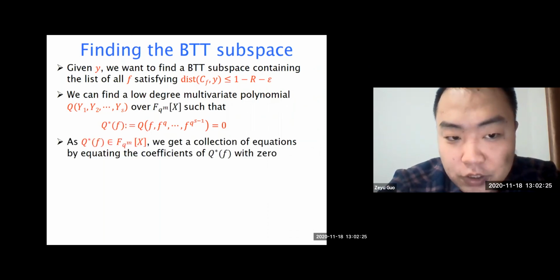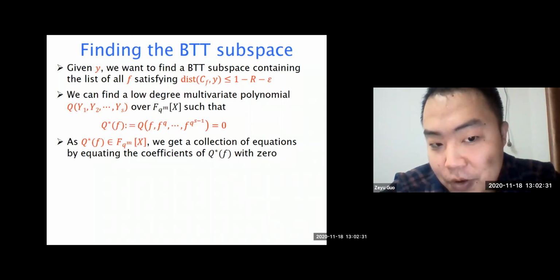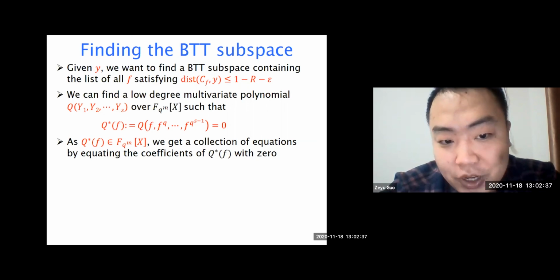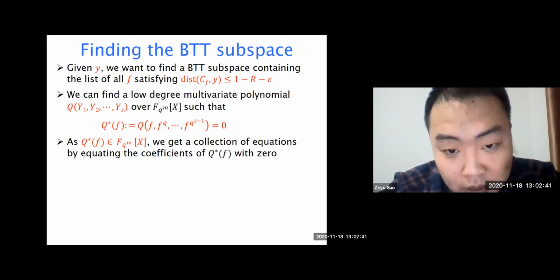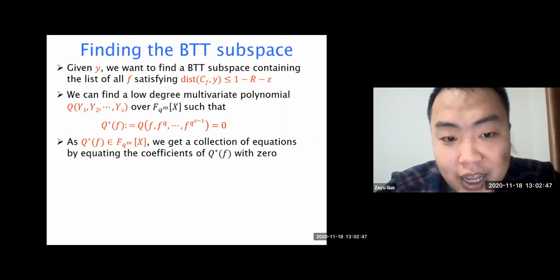Now we know Q star of f is 0, but at the same time we know that Q star of f is a polynomial. So when we say it's 0, we get not only one equation, we get a collection of equations by equating its coefficients to 0. So we get a collection of equations from the above equation, and it can be shown that all these equations are actually linear equations.